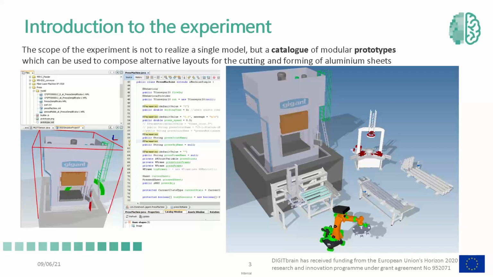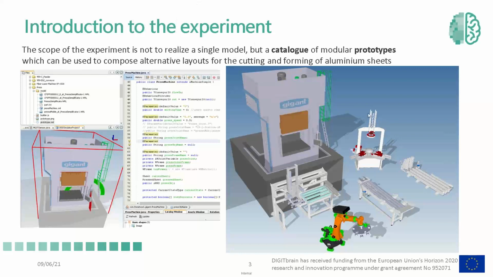Anyone who works in manufacturing knows it relies on the experience of many people, and so very often you are in the bidding and negotiation phase, and you need to demonstrate to a potential customer that your solution is better than the others, because in this type of production plant there's often a bidding phase. So we didn't want to realize only a single digital twin for our end user, but we realized a library, a catalog of modular prototypes.